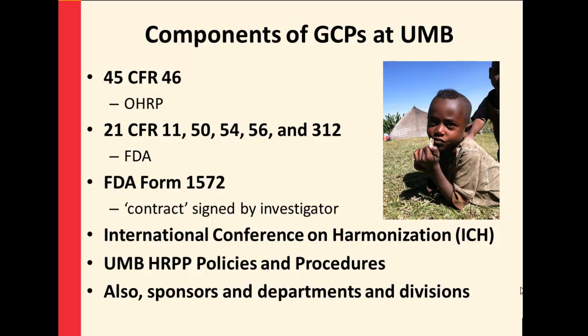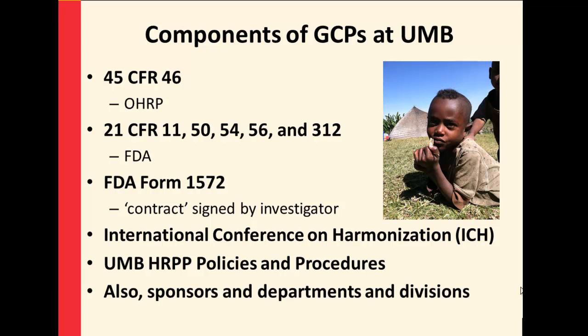Now, if you fall under the FDA, meaning you're testing foods and drugs, that whole section, food and drugs, is Title 21. Title 45 is not just human subject research, it's all, quote, public welfare. So human subject research is considered part of the federal guidelines for public welfare.